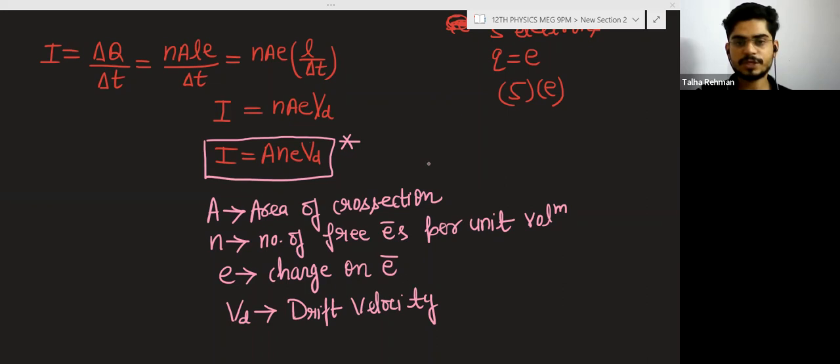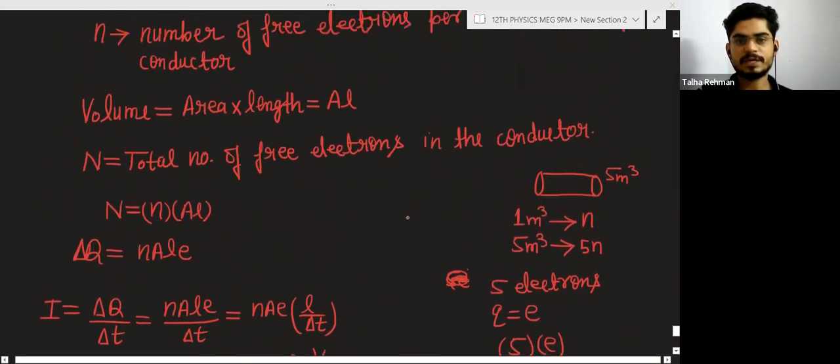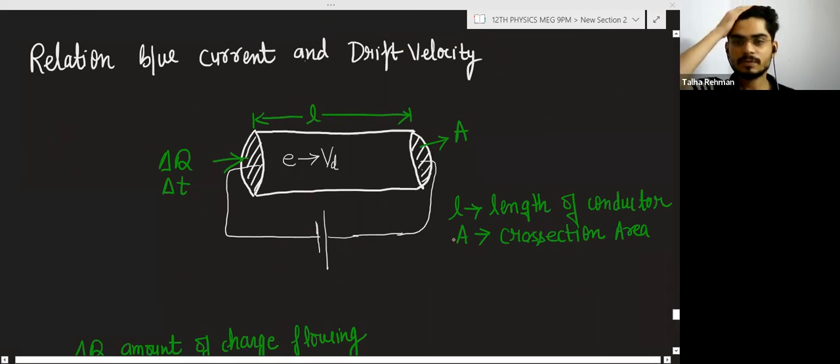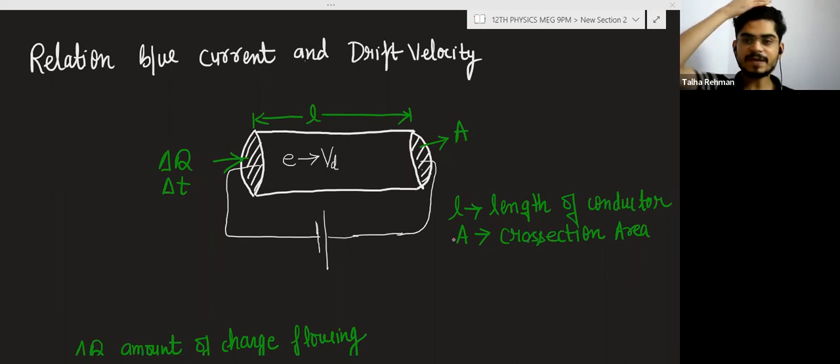Hamza, please note it down. This is a very simple derivation. We have a cylindrical conductor, and we calculated that in a time delta T, a charge delta Q passes through the cross section, and after that we calculated the current.